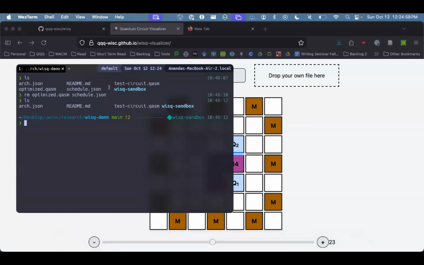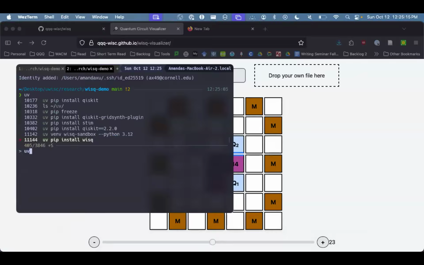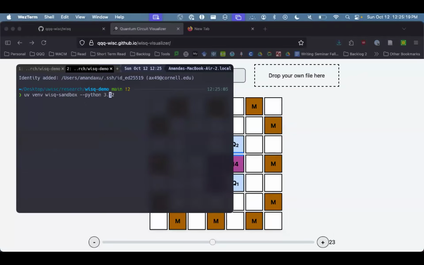So yeah, we did the exact same tutorial in the previous session, so I already have a Python environment that has it installed, but just to show you how easy it is, we can do that again. And we really recommend using UV for your Python virtual environment management.